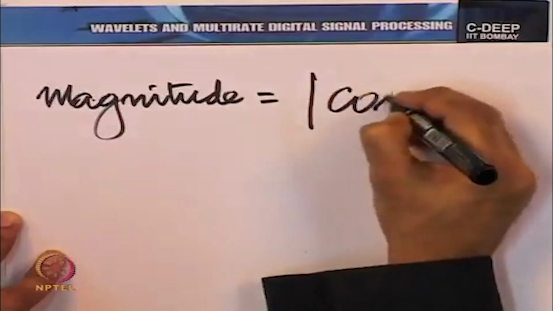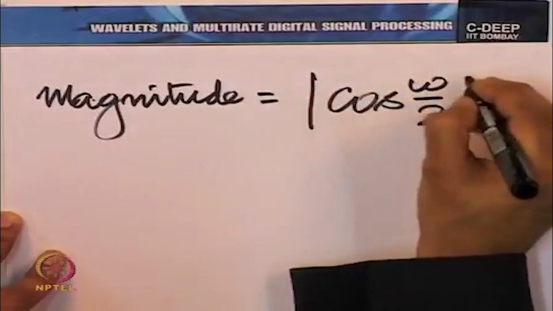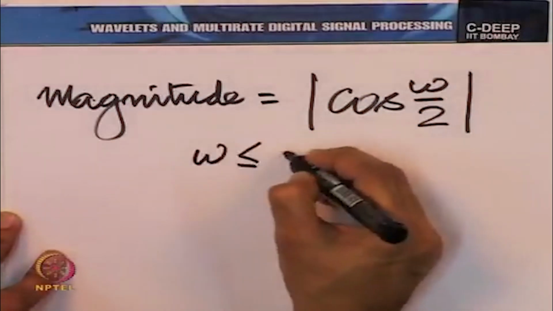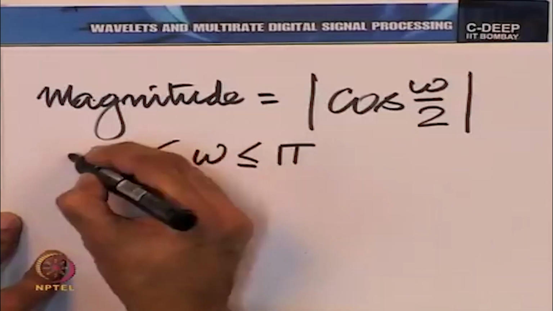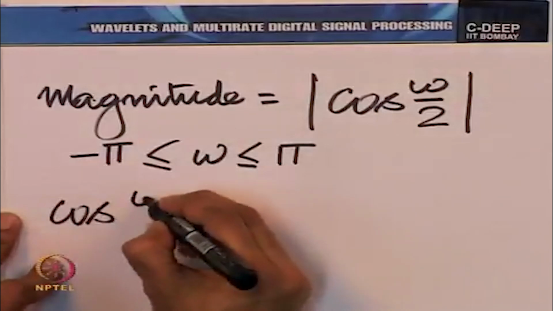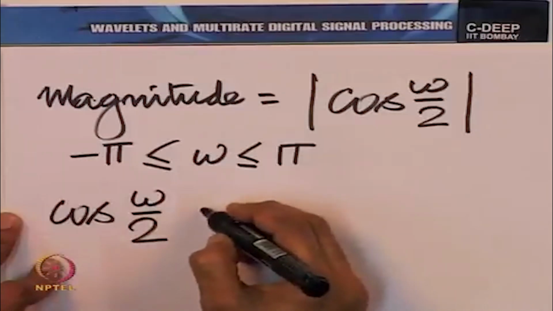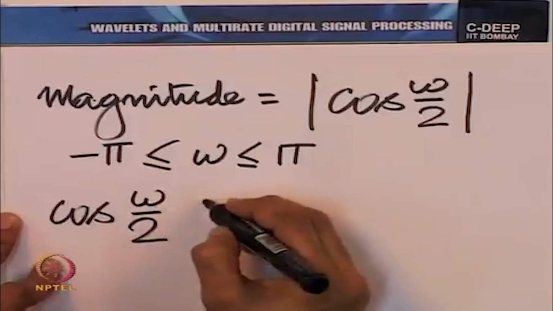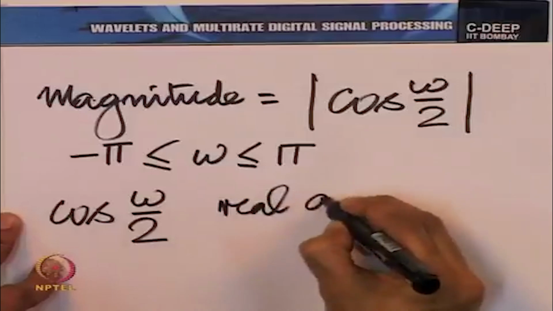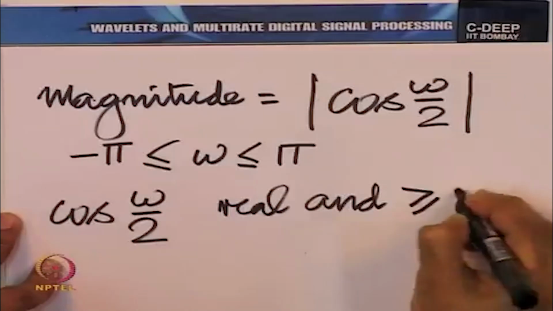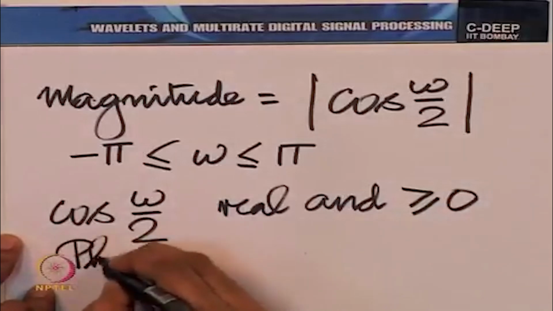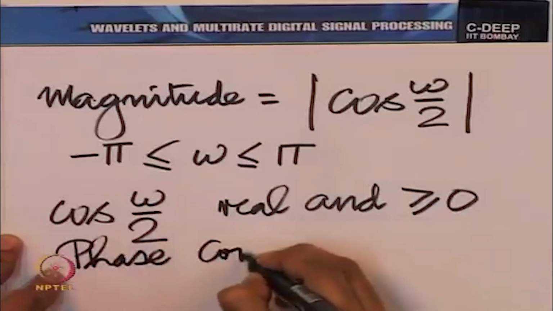So, the magnitude of this response would be mod cos omega by 2. Let us confine ourselves, as I said, to omega between minus pi and pi, whereupon cos omega by 2 turns out to be non-negative. In fact, cos omega by 2 is real and greater than or equal to 0 in this region. Thus, the phase contribution from this term is 0.